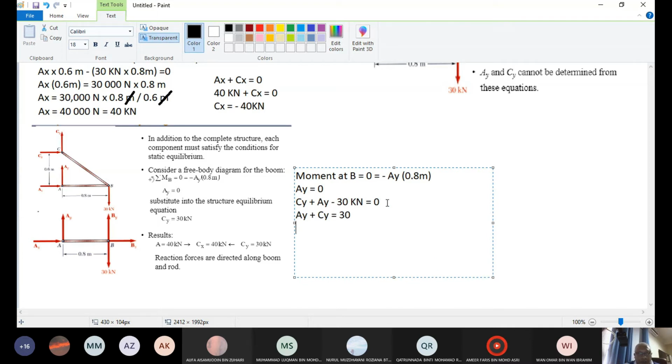Now AY is 0. So 0 plus CY equal 30 kilonewton. So CY now equal 30 kilonewton.